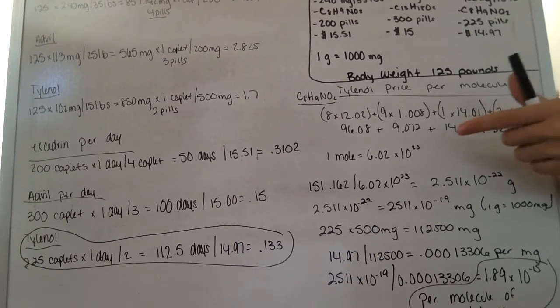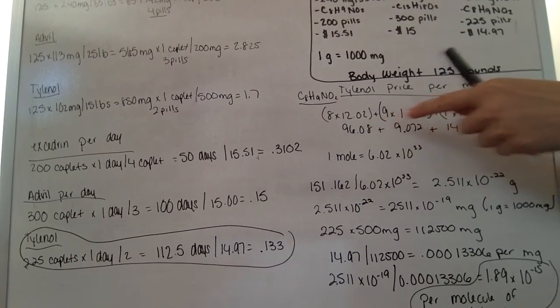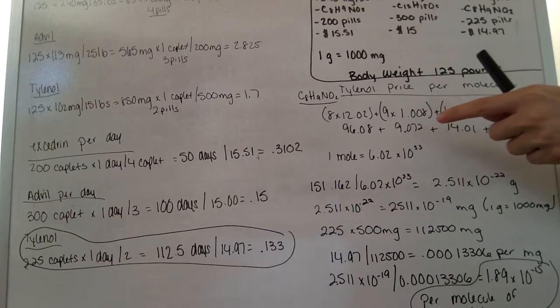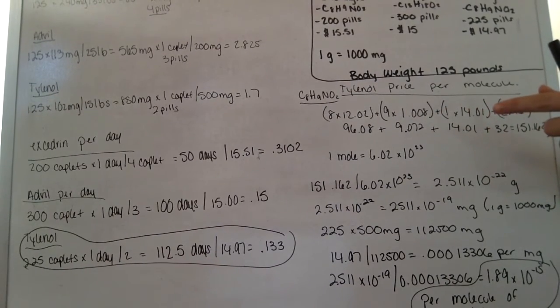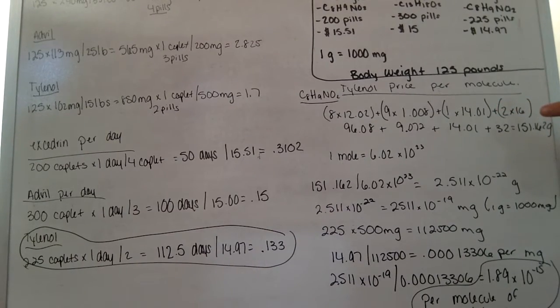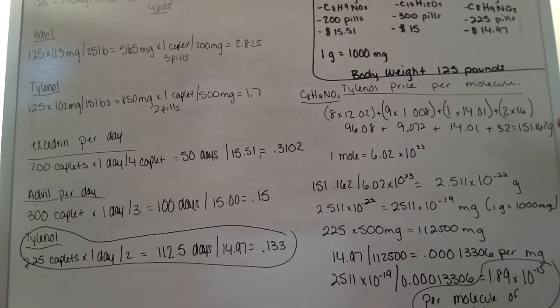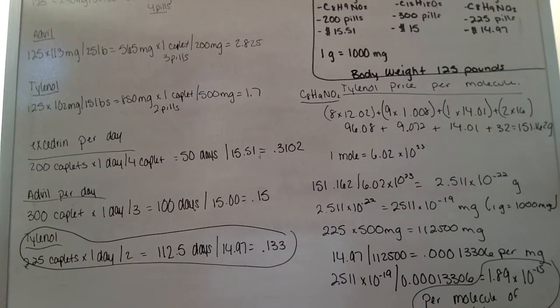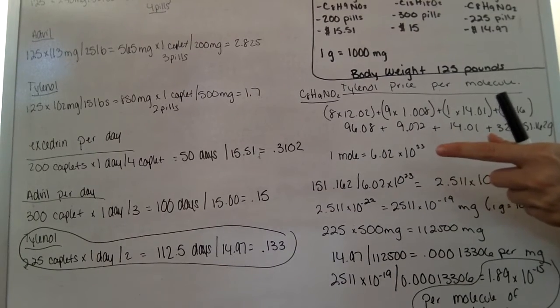So again, we times 8 by 12.02 for carbon, 9 times 1.008 for hydrogen, 14.01 for nitrogen, and then 2 times 16 for oxygen to give us 151.162 grams.